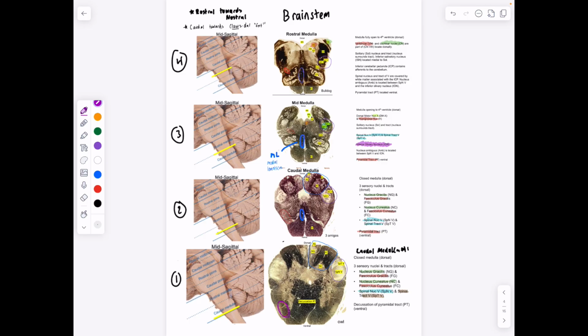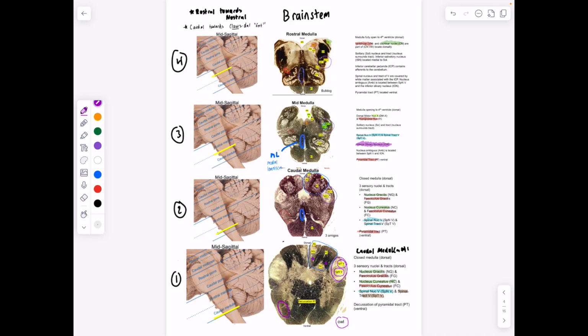We're also going to be concerned with the nucleus gracilis and nucleus cuneatus with the DCML tract. And when we talk about trigeminal, we'll talk about the spinothalamic tract of trigeminal, and then the spinal nucleus overall. Again, this is the caudal medulla, which kind of looks like an owl.